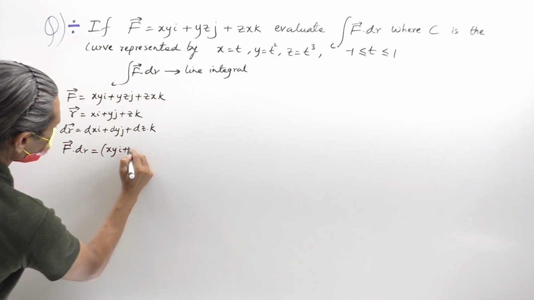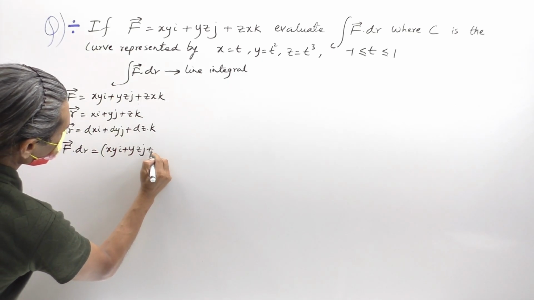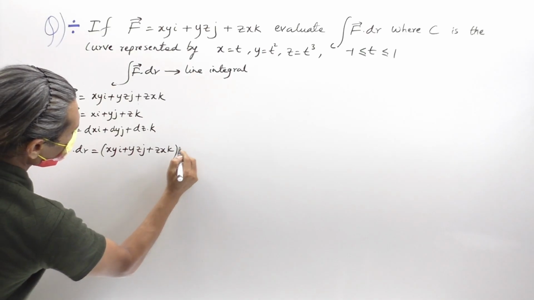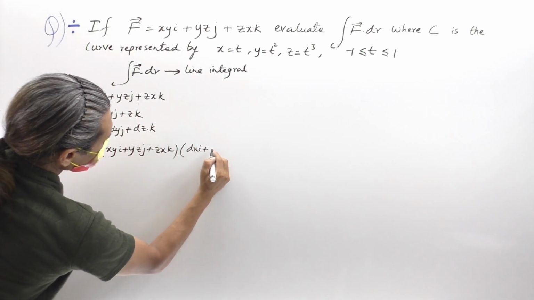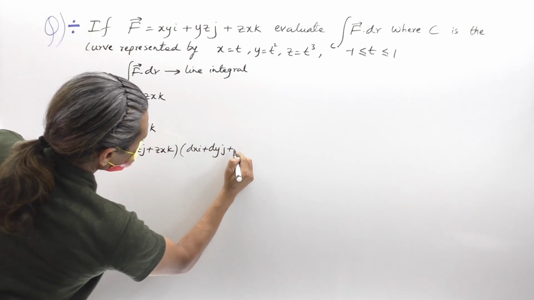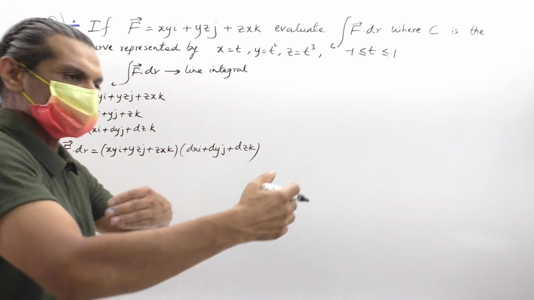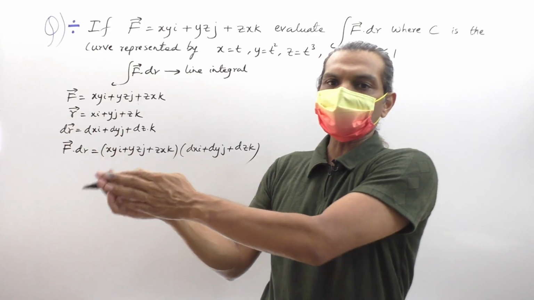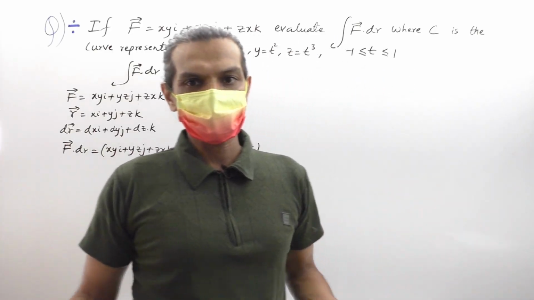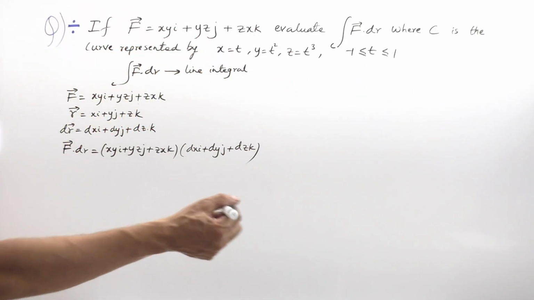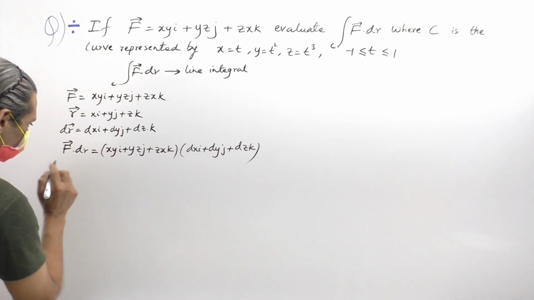So f into dr equals, what's f here? xy into i plus yz into j plus zx into k, into dx into i plus dy into j plus dz into k. As you know, i into i is 1, j into j is 1, k into k is 1. We have discussed this already before in vector calculus, so please do refer the videos on that, refer the playlist on my channel.